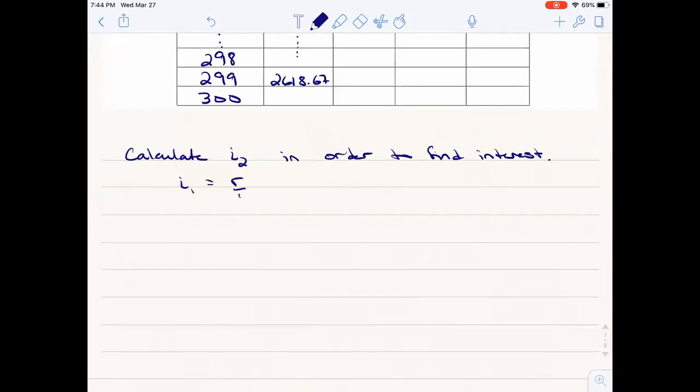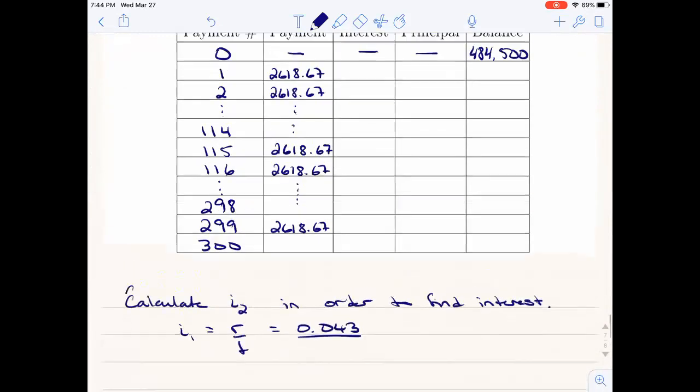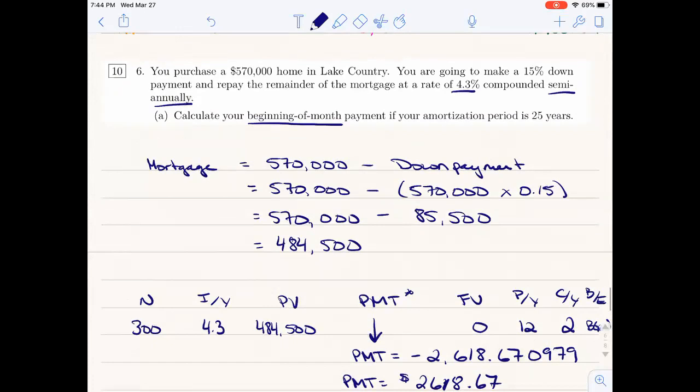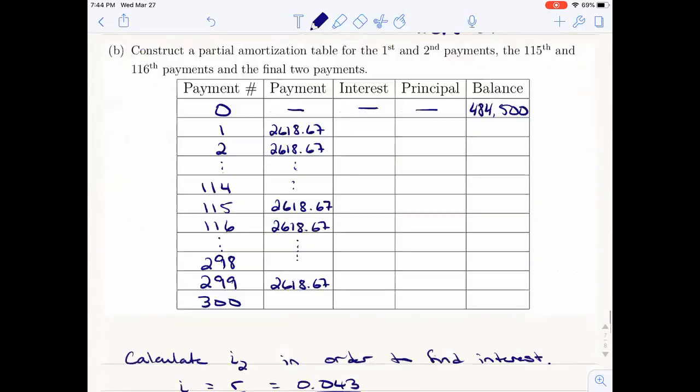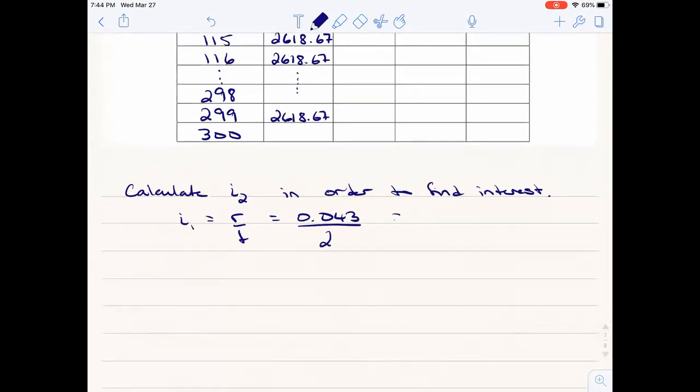I1 is R over F, which is 0.043 over compounded semi-annually, 2. 0.043 divided by 2 is 0.0215.